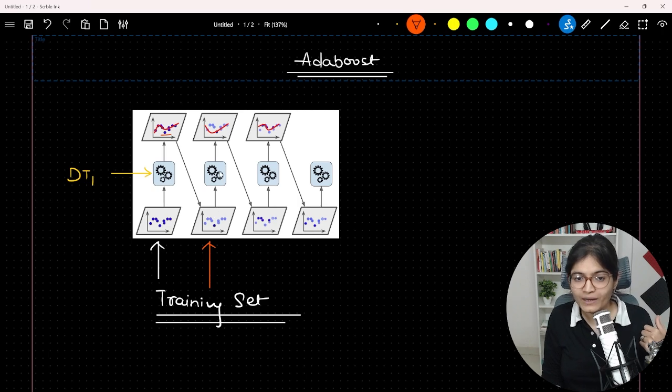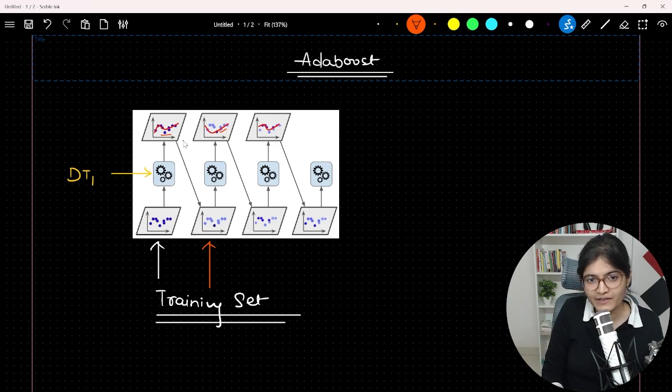Once this training happens, you will observe the decision boundary is now correctly classified, but the points above it are misclassified. So at every iteration, at every stage, our model is passing on all the misclassified data points.